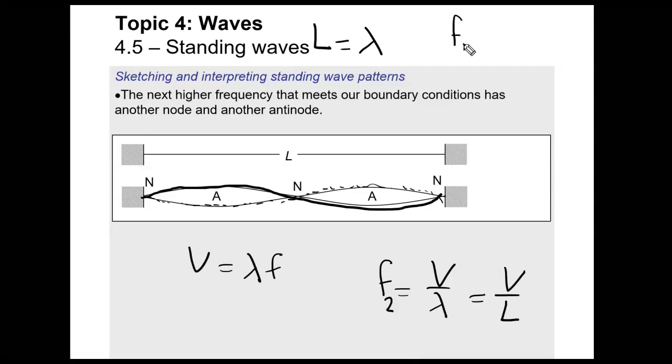The first harmonic for a wave on a string was v over 2L. v over L is 2 times v over 2L, because if we were to multiply this by 2, we'd get v over L. In other words, what I'm saying is f2 is equal to 2 times f1. Okay, so the second harmonic, by definition, is twice the frequency compared to the first harmonic.